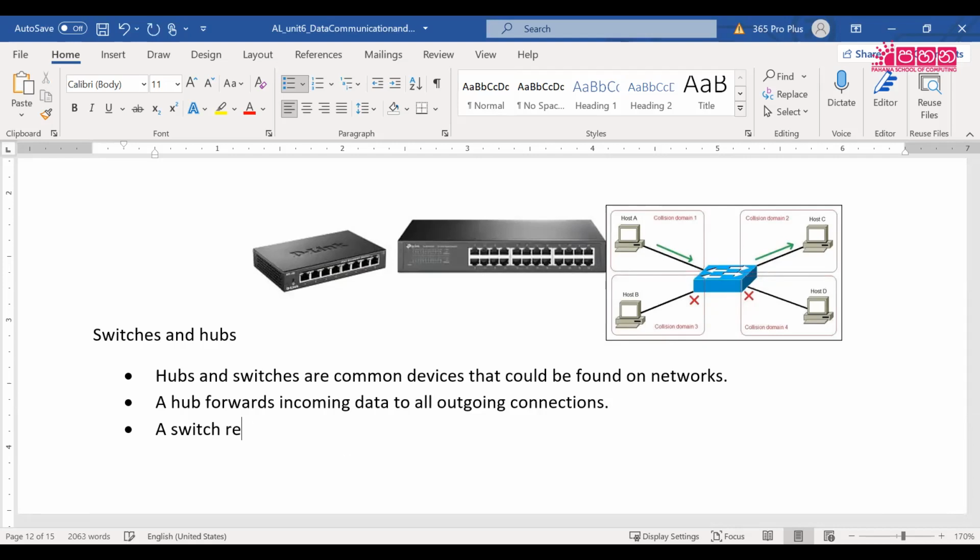A switch receives data in one connection and then forwards it to the destination.